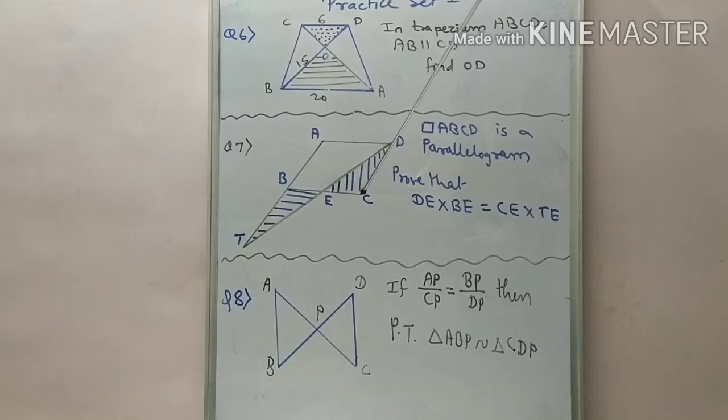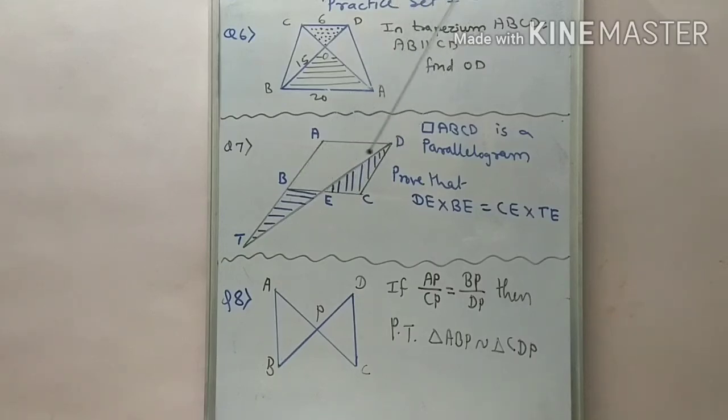So what we get here, students, is that CD is parallel to AB, and CD parallel to AB means that CD is parallel to TA also, because T, B, A are collinear, and hence we get that BT is parallel to CD. So here we have alternate angles, angle BTE and angle CDE.